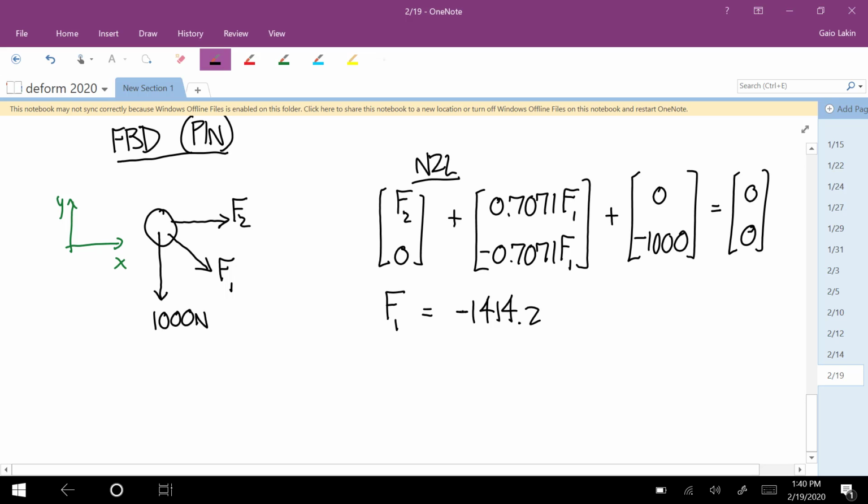Okay, and it's negative. That's important. So that means that this member 1 is in compression. And then plug that in to the other equation, and you get F2 is equal to 0.7071 times that. So that's 1,000.